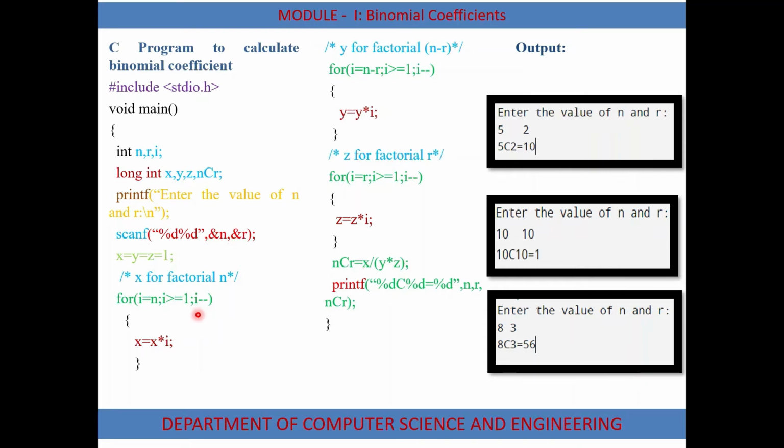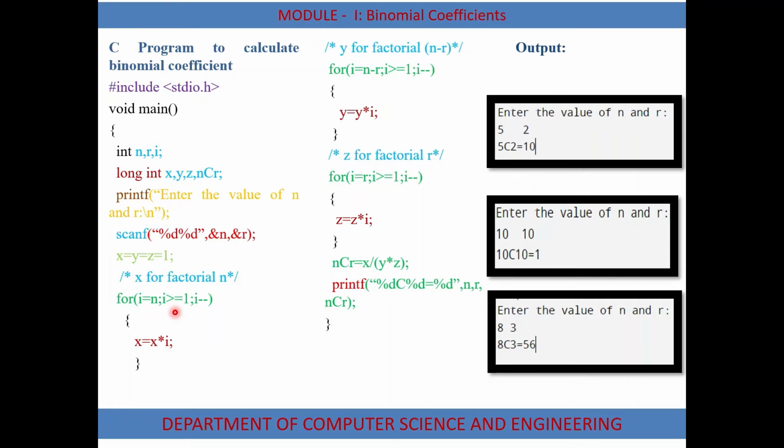That is I is equal to 5 minus 1 is equal to 4. Again check the condition. I greater than or equal to 1. Now the value of I is equal to 4. Is 4 greater than or equal to 1? Yes, 4 is greater than or equal to 1.